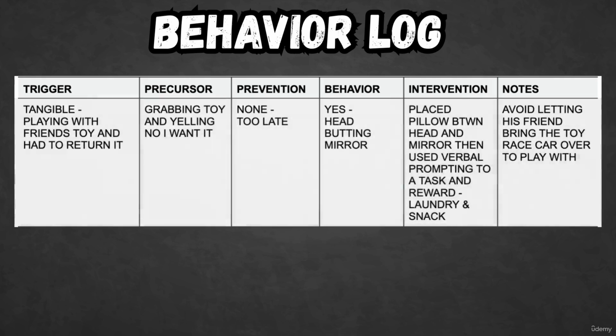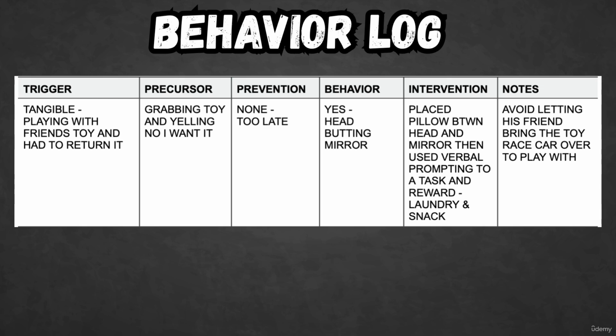Now the next example is a tangible, which is playing with friends' toys and they don't want to return it, kind of like stealing. The precursor is grabbing the toy and yelling that they want it and that they don't want to return it. Prevention is too late. It already took place. So the behavior is the headbutting on a mirror because you're trying to get this back, or the friend is trying to take it back.